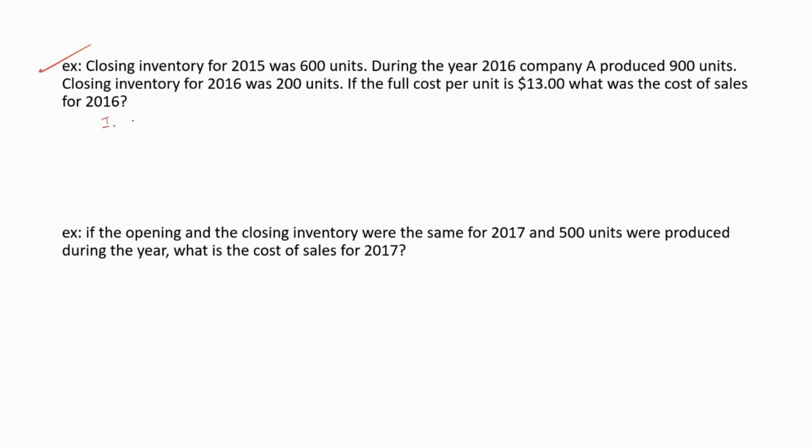First, let's calculate the cost of sales using the total values. So the cost of sales is equal to opening inventory plus production cost minus closing inventory. So the opening inventory is equal to 600 units multiplied by 13, because the closing inventory for 2015 was 600 units, which means the opening inventory for 2016 is also 600 units.